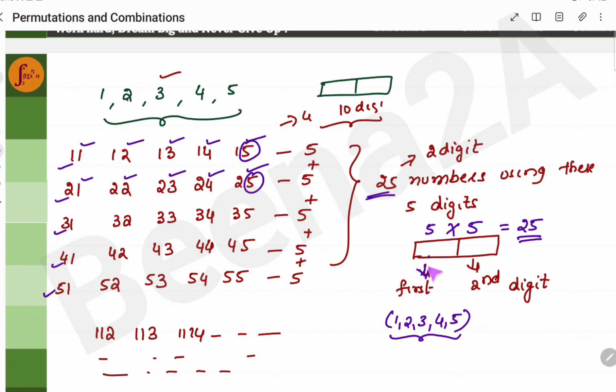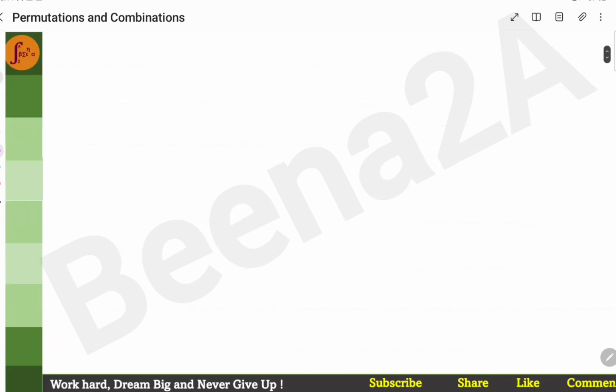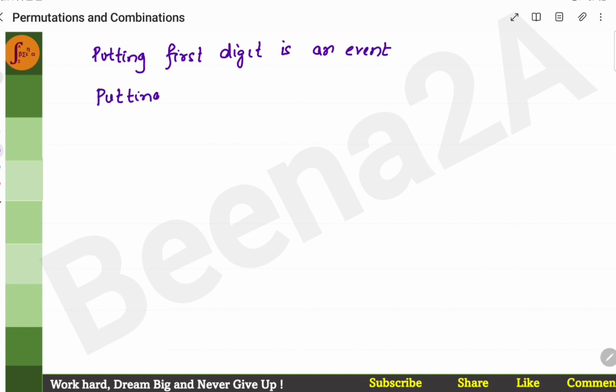You call this an event. So putting the first digit is an event. Putting the second digit is another event.